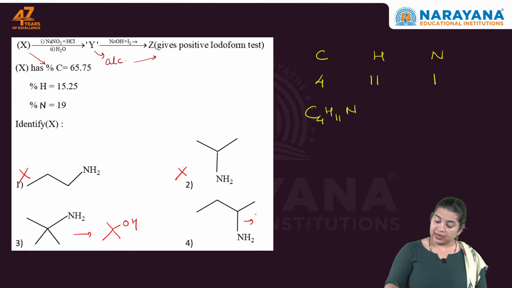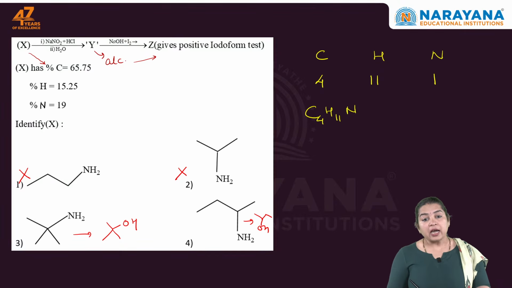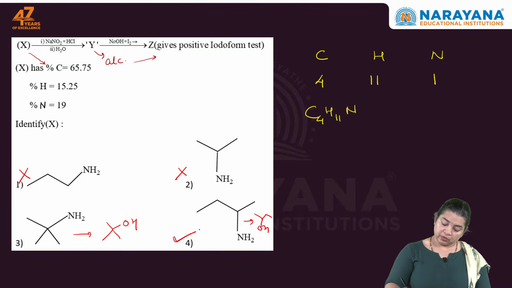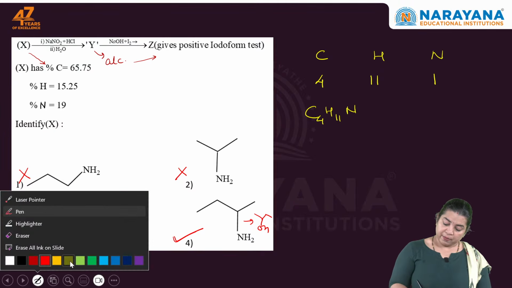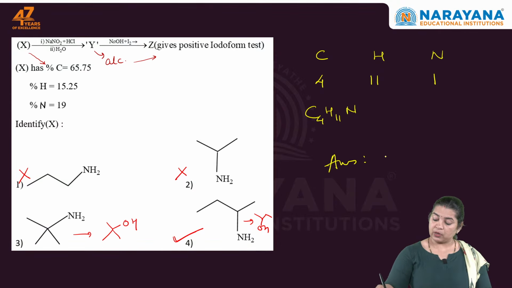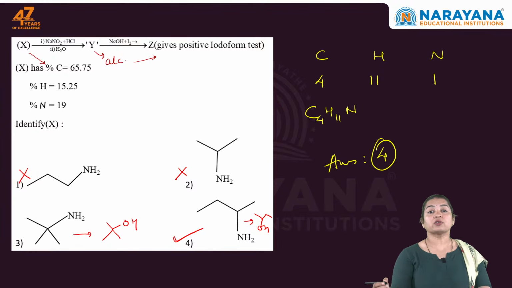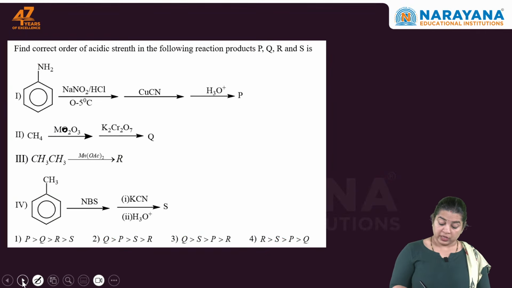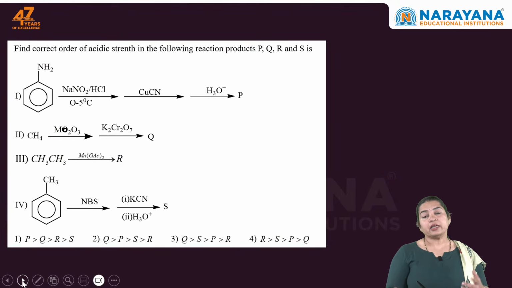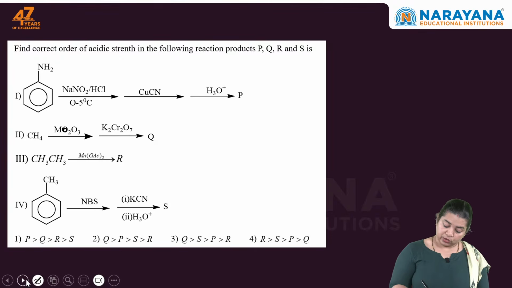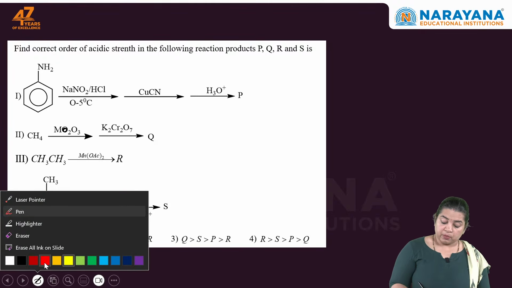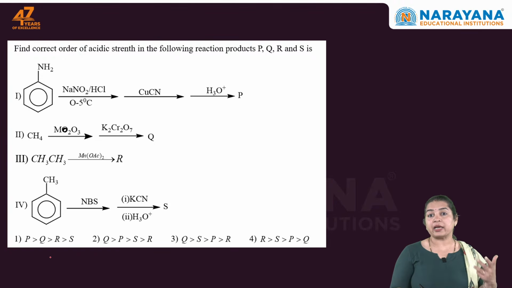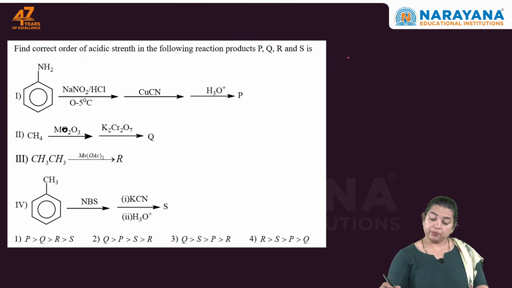If I take second, then the alcohol formed is 2-butanol, and it should give positive iodoform test. So by considering the entire formula, the answer for this question should have been option number 4. Right? So the amine chapter is asked in detail in this entire session, particularly diazoniums we have seen, and now this particular question, then Hoffmann bromamide has been repeatedly seen, right?